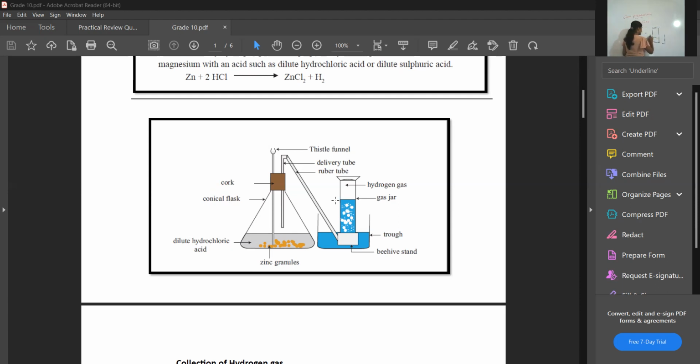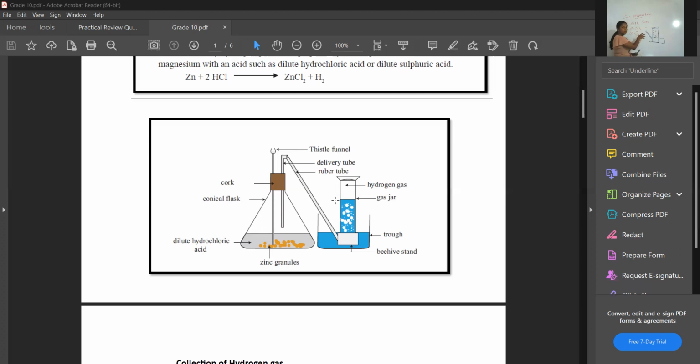We connect the delivery tube here. I'm drawing only one part of the experimental setup, Pute. We have to fill water up to this level. At the beginning of the experiment, the gas jar is completely filled with water.